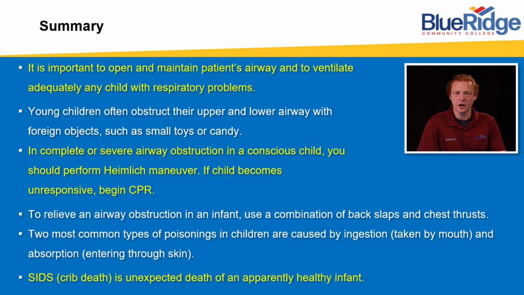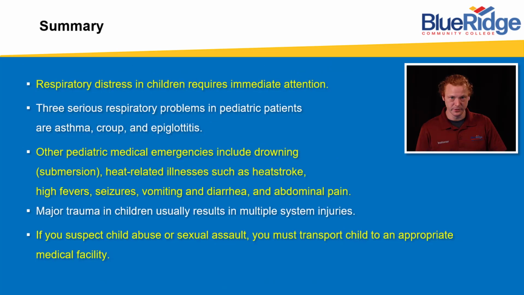Two most common types of poisonings are ingestion and absorption. Ingestion is taken by the mouth, and absorption is entering through the skin through direct contact. SIDS, or crib death, is unexpected death of an apparently healthy infant, generally between 3 and 7 months of age.